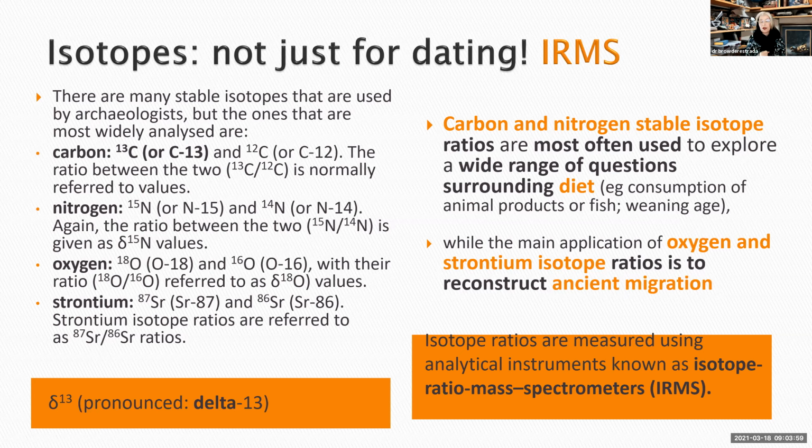Did they grow up someplace else? Or in some cases, when did they move? How long have they been in this location versus someplace else? Okay. C and N, diet sources. O and Sr are migration patterns relating to what they were eating and drinking, but this is what we primarily use those for.